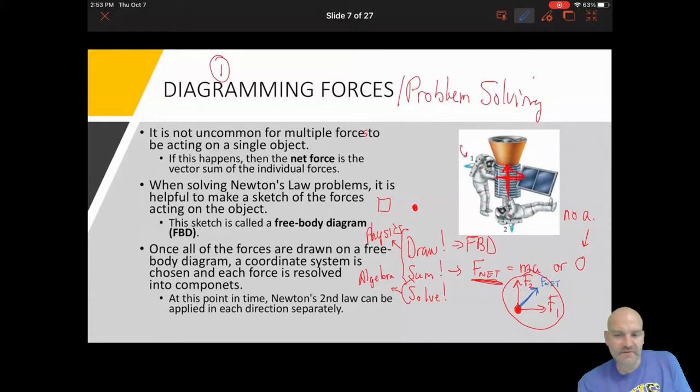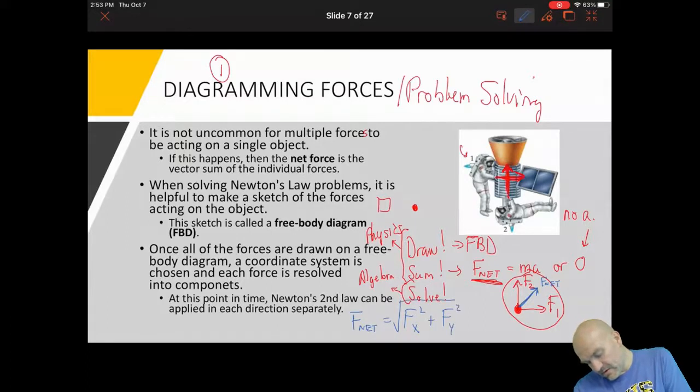And so I have 2 sides of a right triangle, F1 and F2. How do I find the third side of a right triangle? Well, Pythagorean theorem. So the net force acting on the object will be the square root of your x forces squared plus your y forces squared.